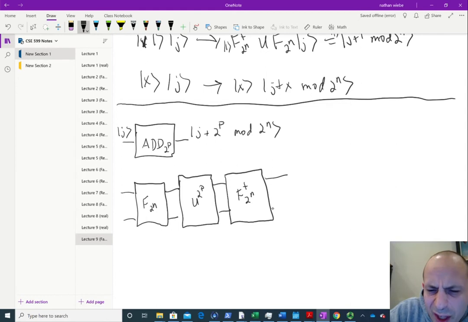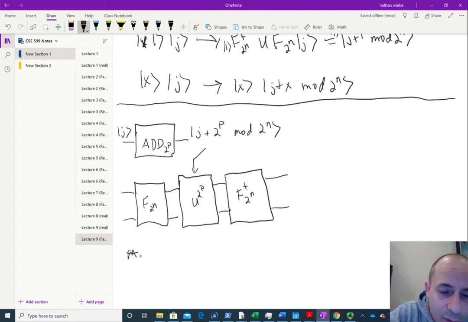Now, at first glance, this really doesn't look terribly efficient, because if p is even a modestly big number, we would have to apply this U circuit a ton of times. However, this isn't anywhere near as inefficient as it seems at first glance.